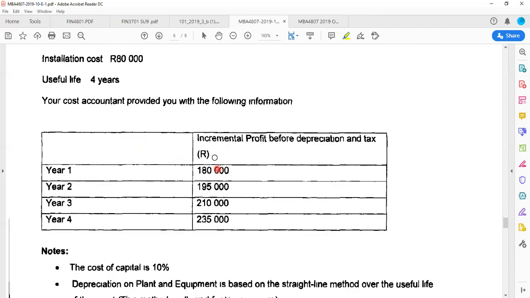And then we were given the incremental profit before depreciation and tax for each year. We'll just leave it as it is, incremental profit before depreciation and tax.